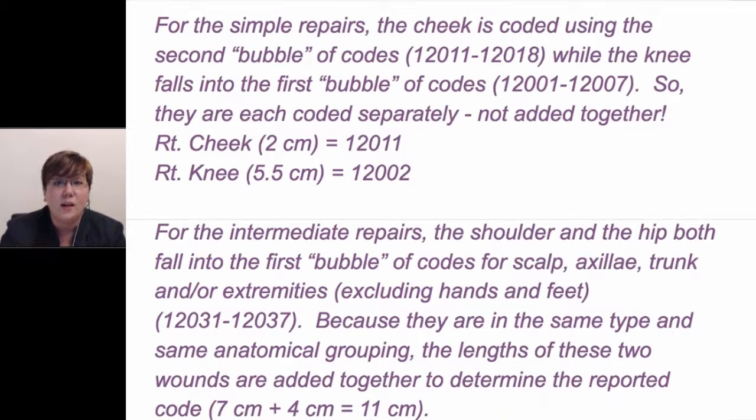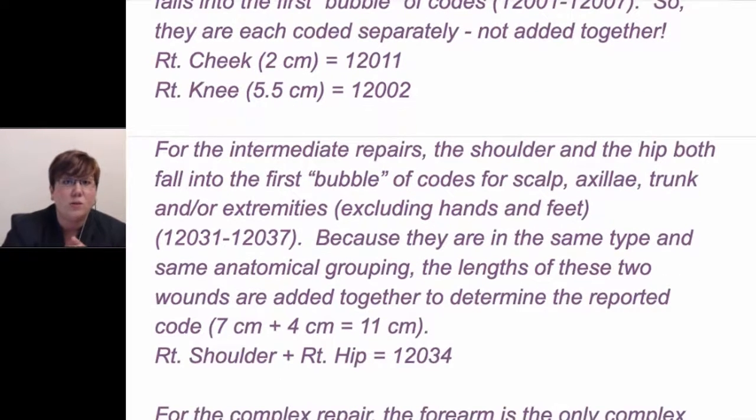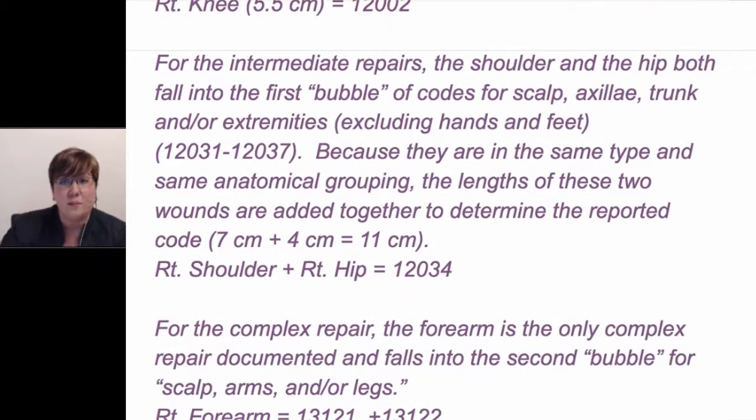For the intermediate repair, the shoulder and the hip, both of those get grouped into the trunk or the extremities, right? My shoulder and my hip are both right off of my trunk before I go to the extremity. And for those purposes, for a repair, if they're in the same bubble, we add them together. We don't code for them separately. We coded for the first two separately because they were in different bubbles. But in this one, they're in the same bubble.